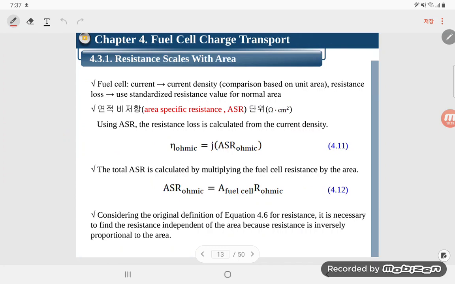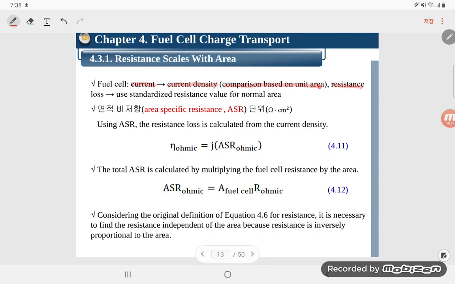So as we talked before, the fuel cell resistance is inversely proportional to the area, right? So there we should use the area specific resistance. And we express the current as the current density because of the comparison based on the unit area, right? And how about the resistance loss?